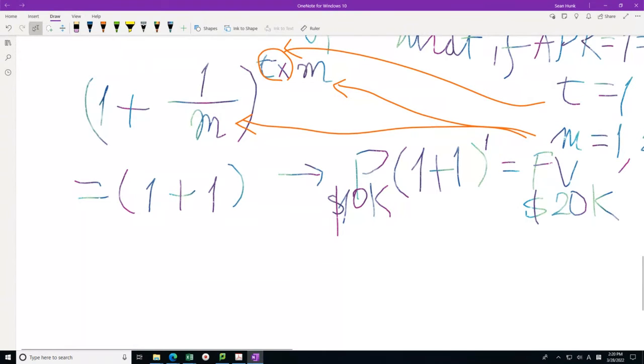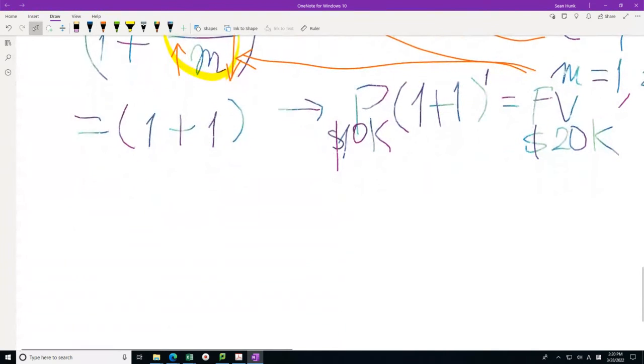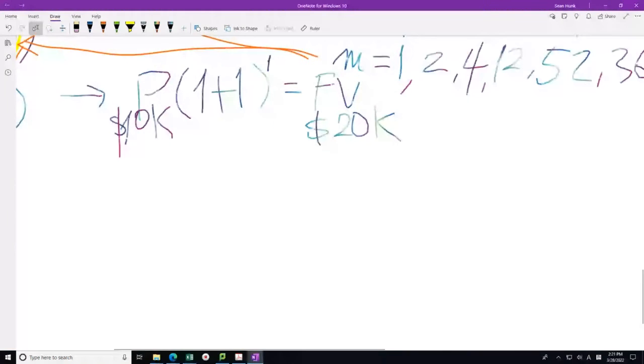And as M grows, this fraction will be a very small number, right? As M increases, the whole fraction will become a very small number. Keeping that assumption, how far can M go?